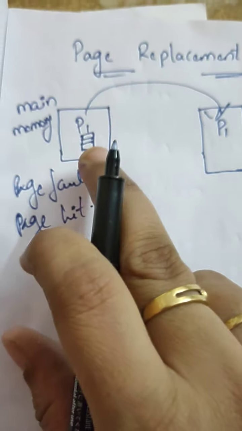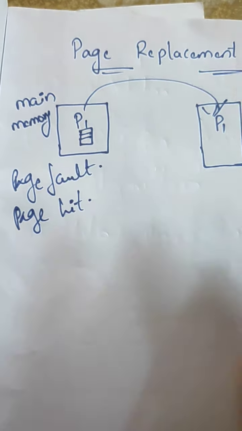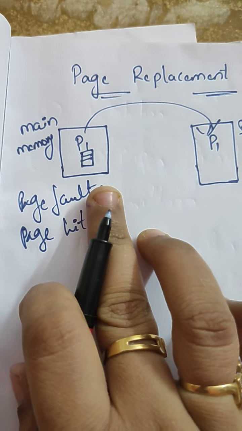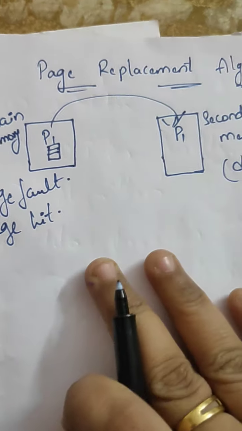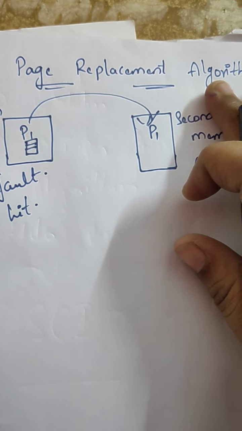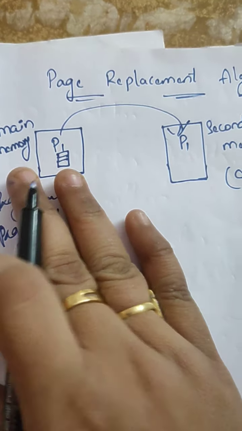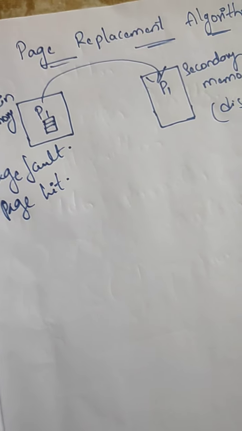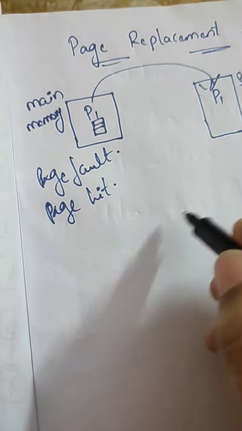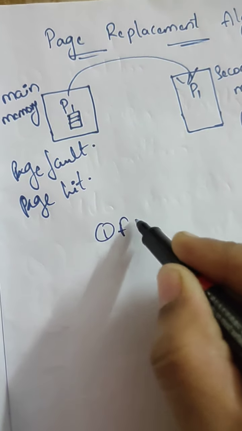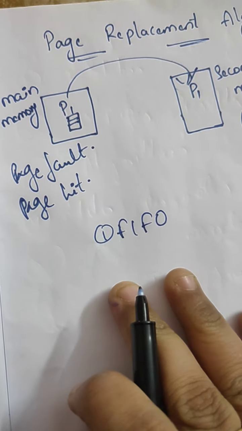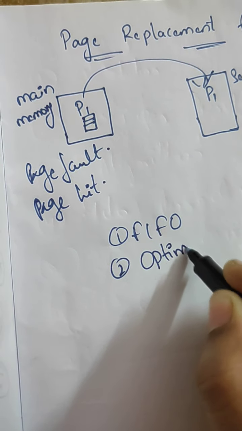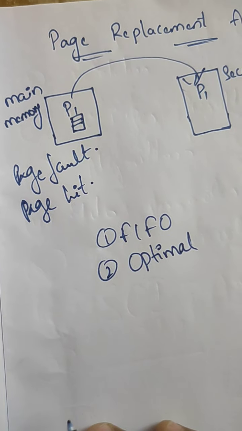Whenever a page fault occurs, I want to replace that page from the secondary memory into the main memory. For this we have some algorithms. The first is the first in first out page replacement algorithm. The second one is the optimal page replacement algorithm.